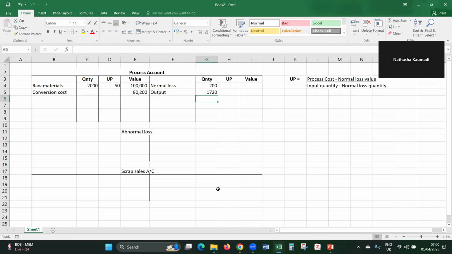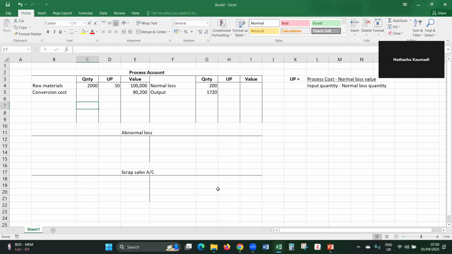I told you after putting all these values, the next step is to tally these quantity columns. So I'm tallying the quantity columns now. This side 2000, this side 1920. That means we have an abnormal loss here.